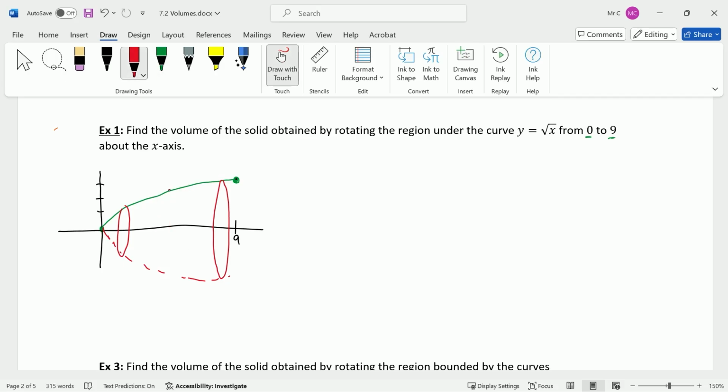Let's try that again. Okay. So we've rotated this around. We've generated this three-dimensional solid. And the radius of each of these disks is just going to be the height of the function. Okay? So let's take a look at a better graph of this.